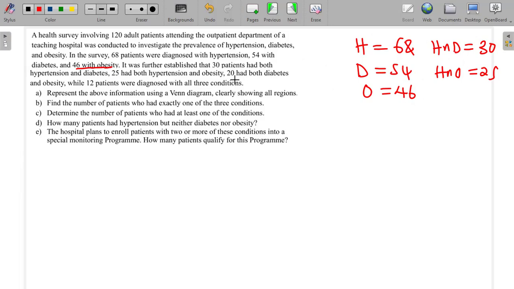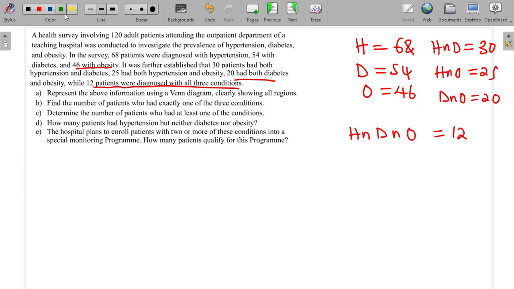And then 20 had both diabetes and obesity. So diabetes intersection obesity, we had 20. And then 12 were diagnosed with all the three conditions. So meaning hypertension intersection diabetes intersection obesity, we had 12 patients.